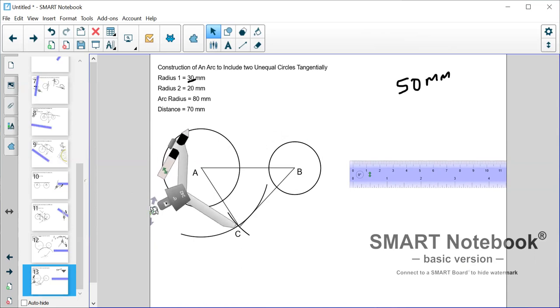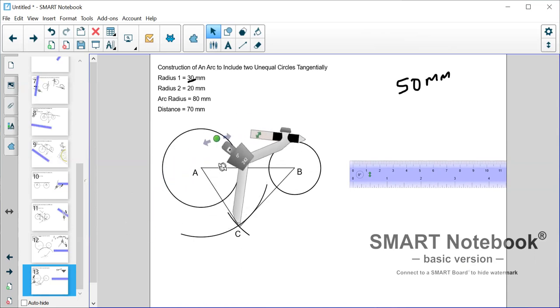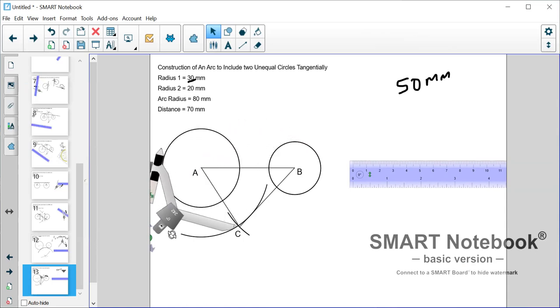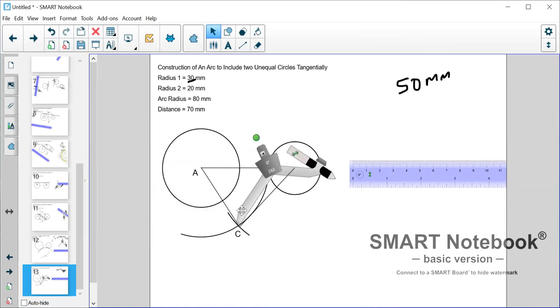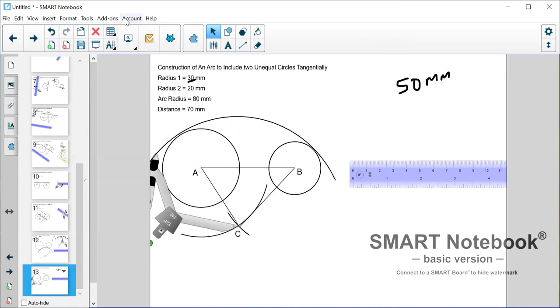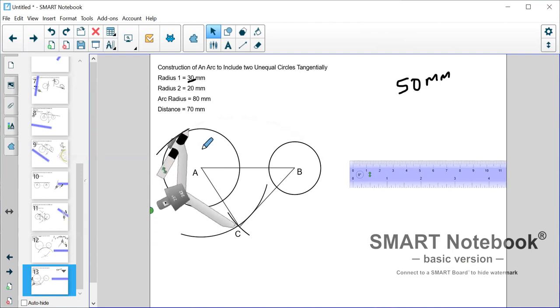Again, you remember I said accuracy is very important. You might find that because you are not 100% accurate, the arc may not touch, or from time to time it may cut the circumference of the circle. I'll just attempt this and you will see if mine is accurate or not. I think both of them missed by a little bit, and looking at the point of the compass, it's not directly at C. Let me try that now.